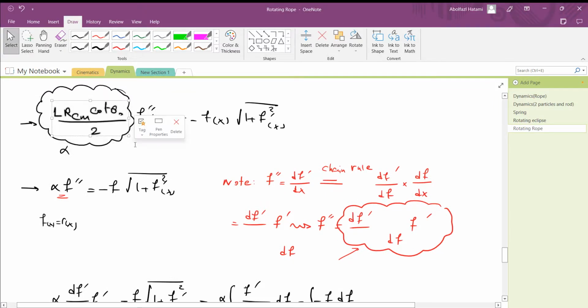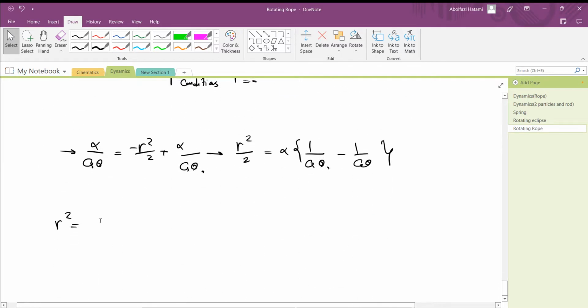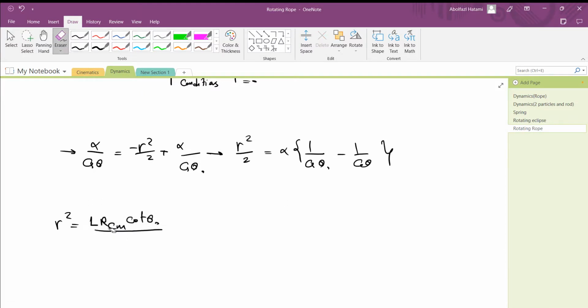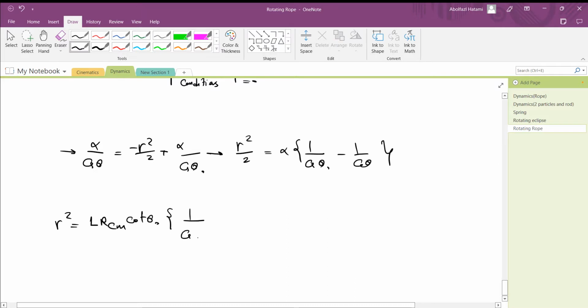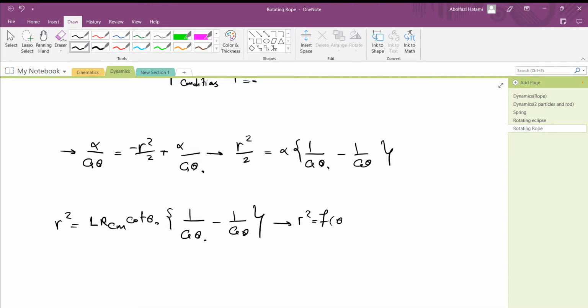It was alpha. Let me copy this and paste it here. And if I multiply it by 2, I can eliminate this term. 1 over cosine of theta 0 minus 1 over cosine of theta, which is actually what we found before.